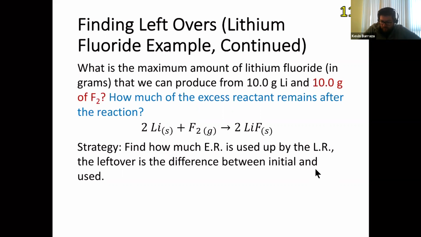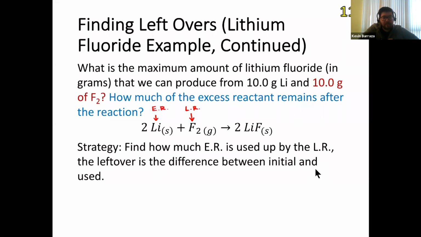Just to remind ourselves, we found out that the smaller number we get is from the fluorine. So that's going to be our limiting reactant. And by process of elimination, the other reactant or reactants are going to be considered the excess reactant.